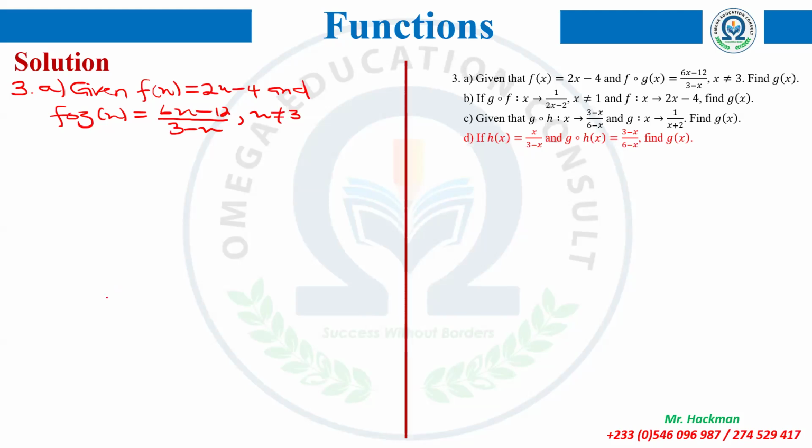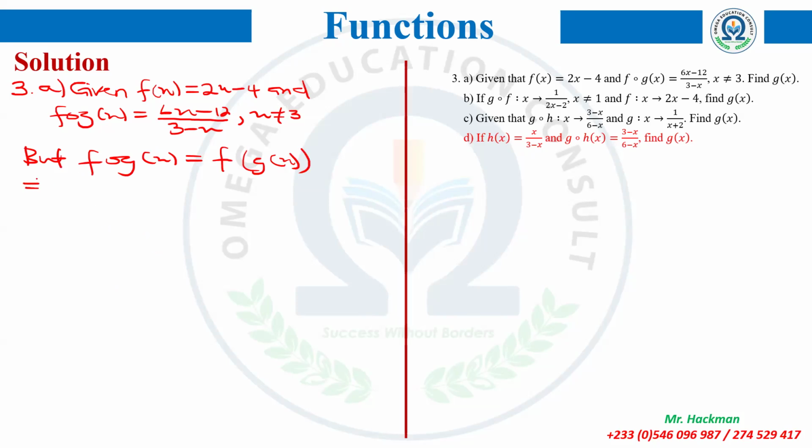So we use the direct definition or interpretation. f of g of x will be equal to wherever we see x in f of x, we put g of x there. So we feed f with g of x. That's the meaning. Now, what are we supposed to do?